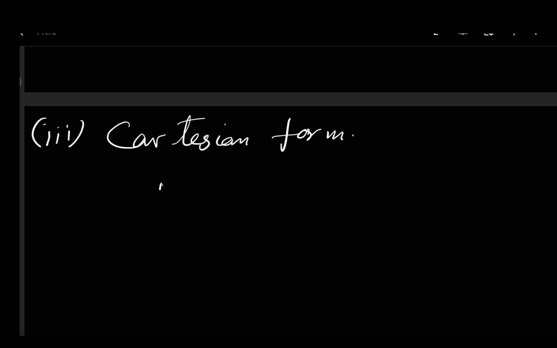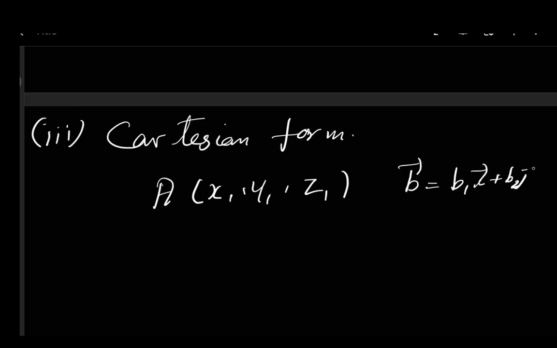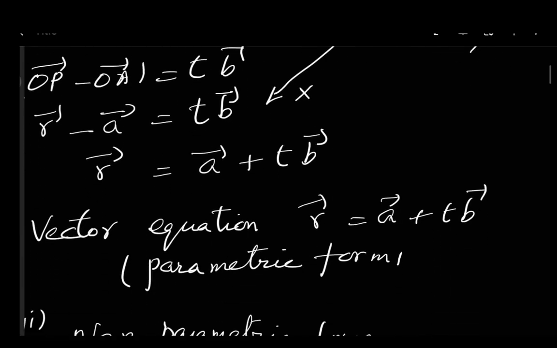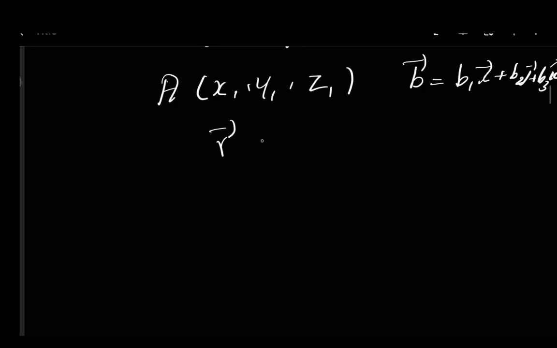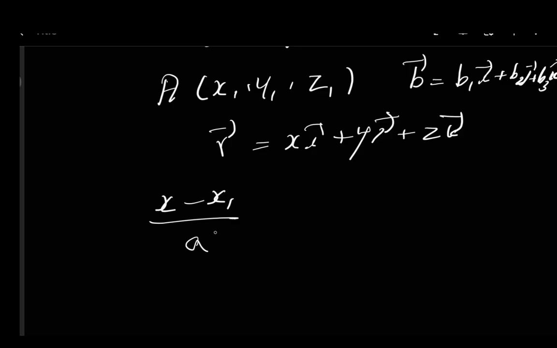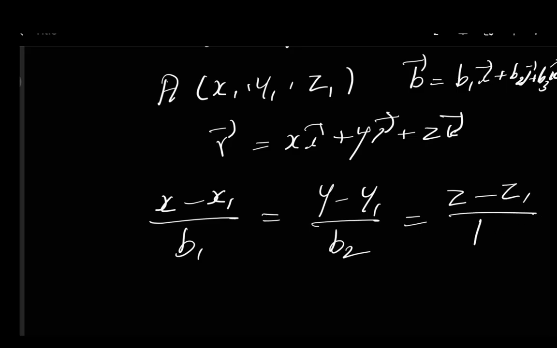You take the given point A as x1, y1, z1 and the parallel vector B in vector form as b1 i plus b2 j plus b3 k, in all the three directions. And the arbitrary point vector r is equal to x i plus y j plus z k. So directly, let me write the equation: (x minus x1) by b1 is equal to (y minus y1) by b2 is equal to (z minus z1) by b3.